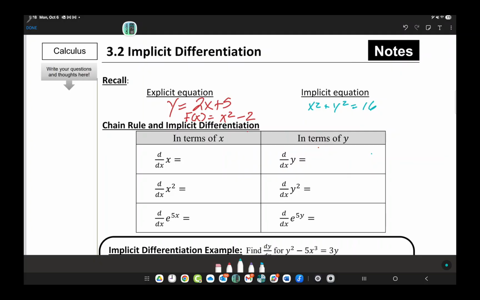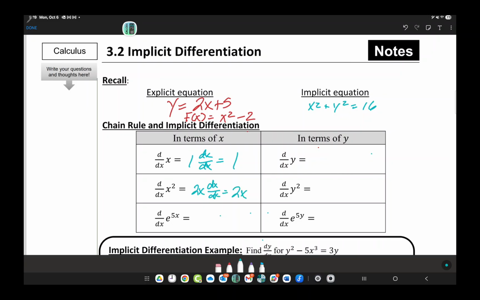So, for example, the derivative of x in terms of x, d dx of x, is just 1. That's just dx over dx, and dx over dx is just 1. The derivative of x squared would be 2x dx over dx, which is just 2x.